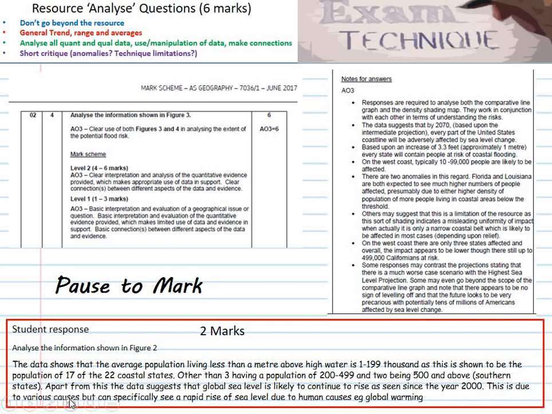This is due to various causes, but can specifically see a rapid rise of sea level due to human causes, e.g. global warming. This is AO2, possibly some AO1 as well, which isn't being tested. So this student hasn't engaged with the 2 bits of data, certainly hasn't made links, and hasn't used specific details.